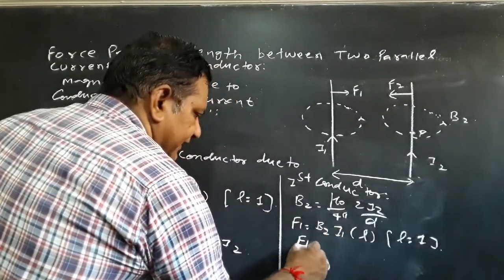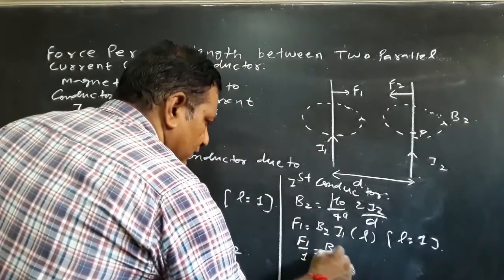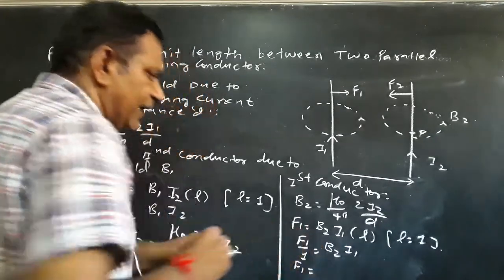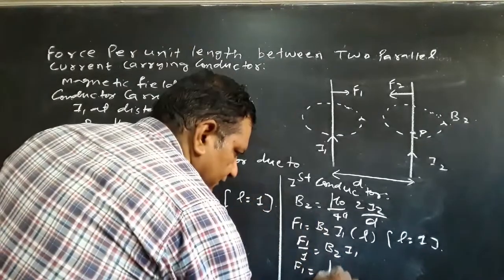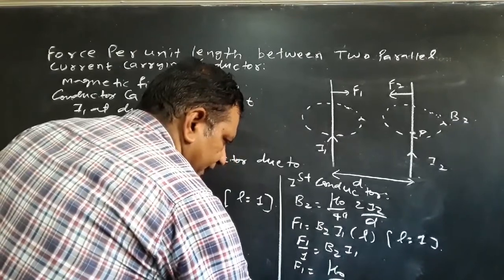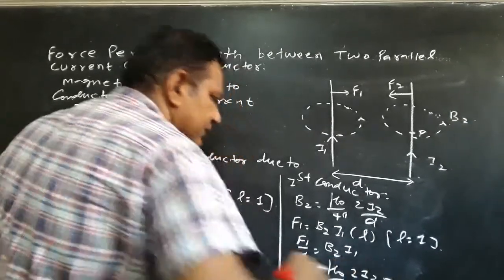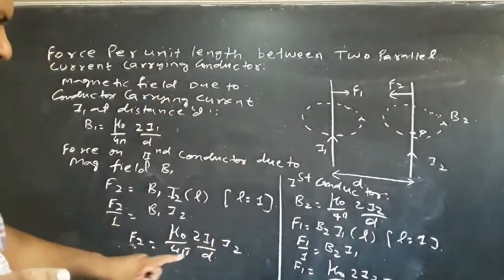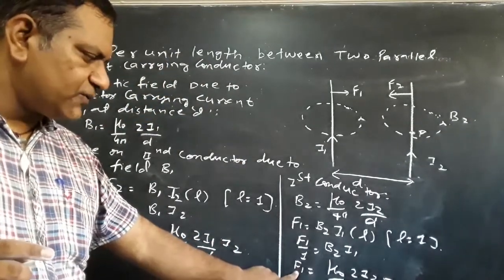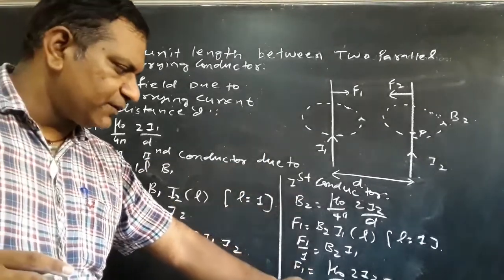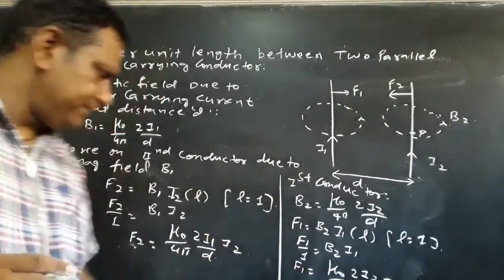So F1 by 1 is equal to B2 into I1. So F1 is equal to mu naught by 4 pi into 2 I2 by D into I1. So the magnitude of force per unit length on the first conductor is mu naught upon 4 pi into 2 I1 I2 upon D.